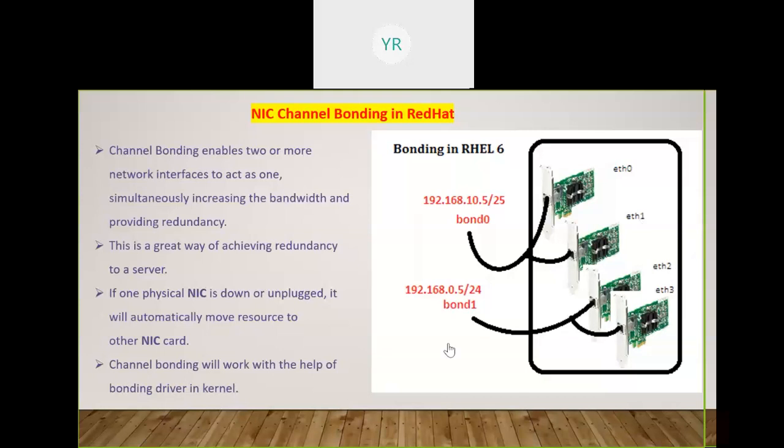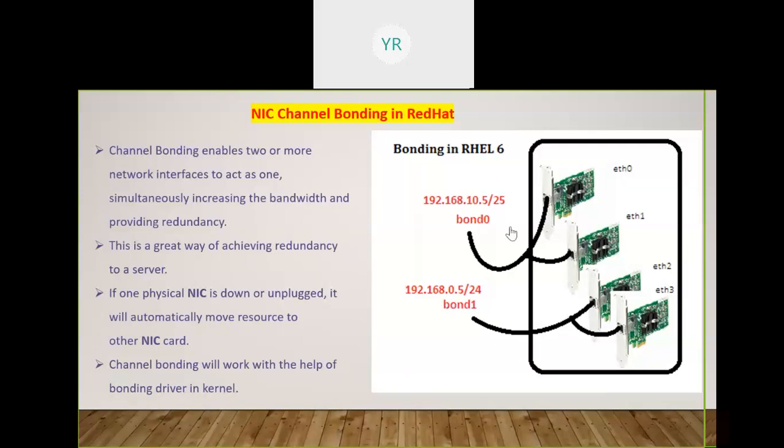That driver will handle the bonding, so physically we will bond. To support that bonding, you must have a driver in the kernel, a kernel module which supports bonding. Then only is it possible.